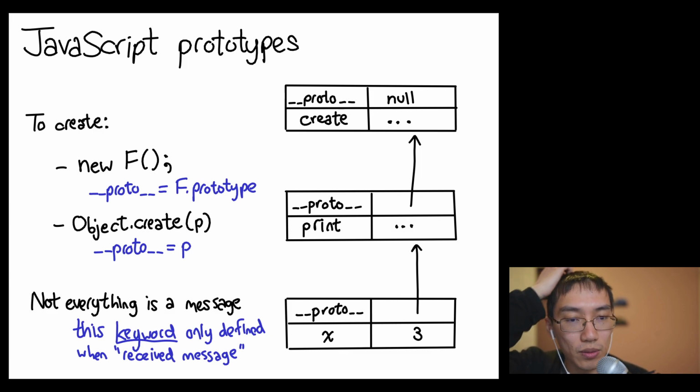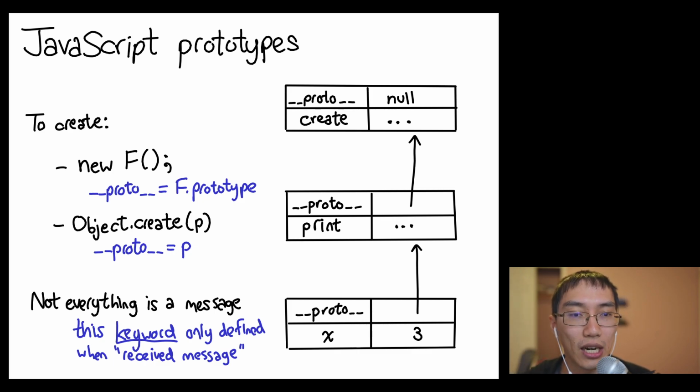So in JavaScript, when I create an object using the special syntax new f, what this implicitly does is that it creates the object in question and then sets the __proto__ field on that object to point to the prototype field on the function itself. And you can do this explicitly using Object.create and then pass in some prototype, and you can manually set the prototype to point to whatever you want.